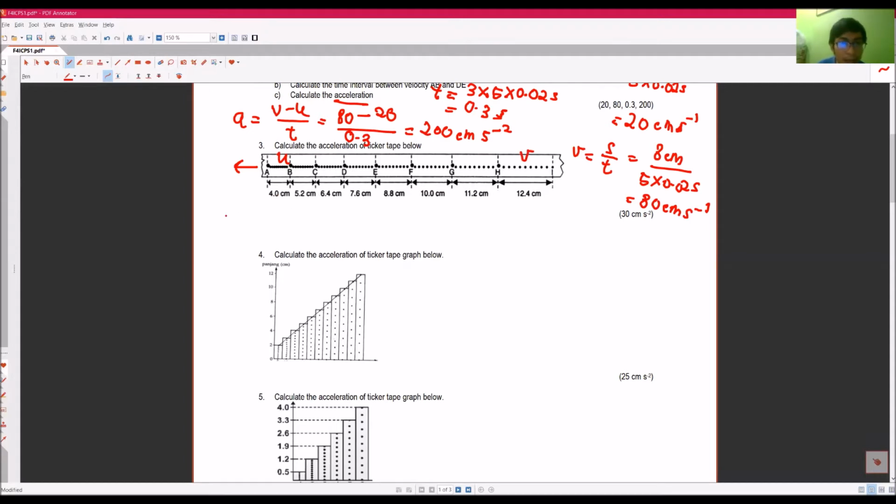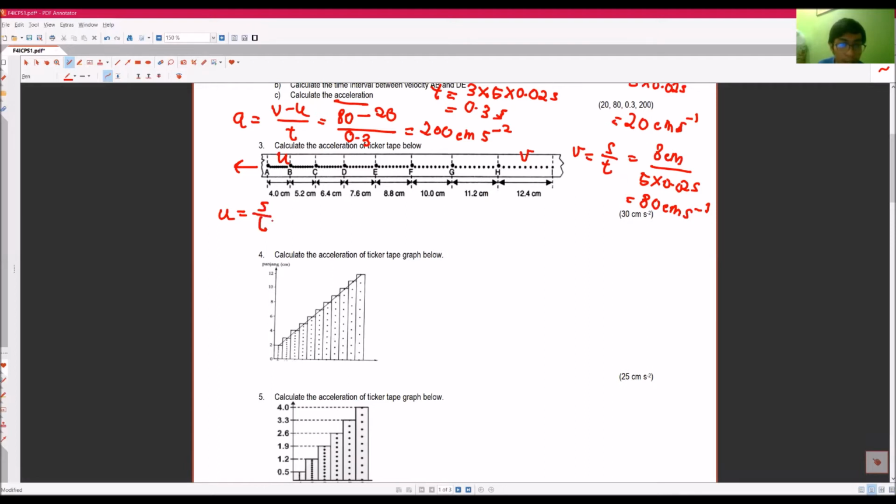So same, we have to find the U, but now we have to determine the number of dots for each section, and I bet they're all the same. Let's see here, because it is clearer. 1, 2, 3, 4, 5, 6, 7, 8, 9, 10. So there are 10 dots per section. Keep that in your mind.